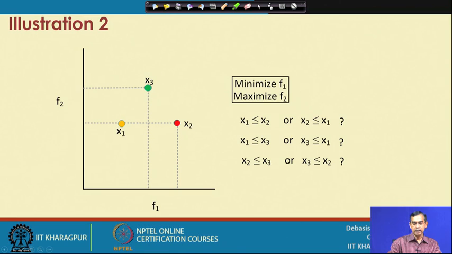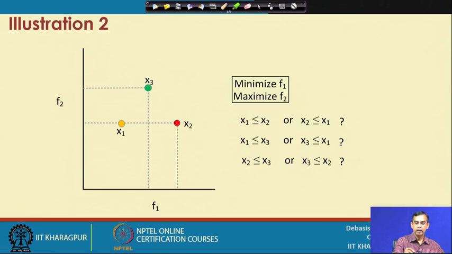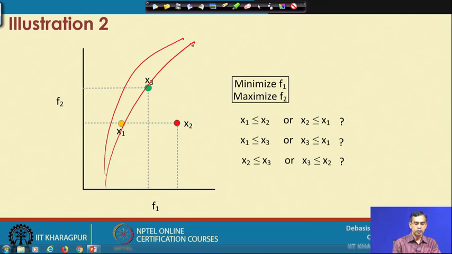Now, the second illustration: minimize f1 and maximize f2. Because it is minimize for one and maximize for the other, the solution region will look like this.